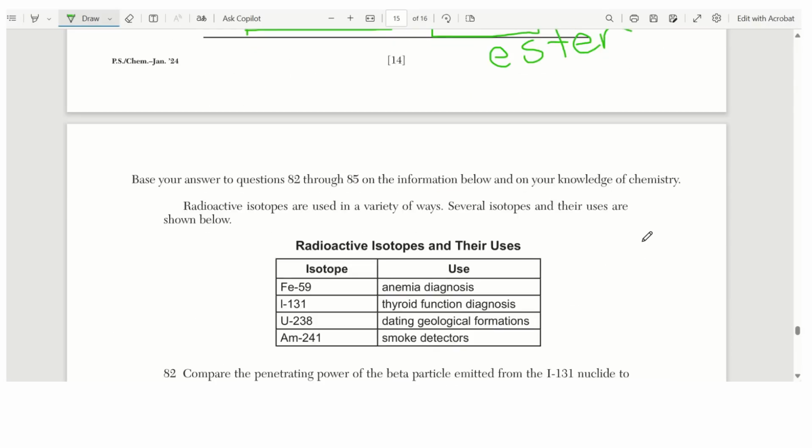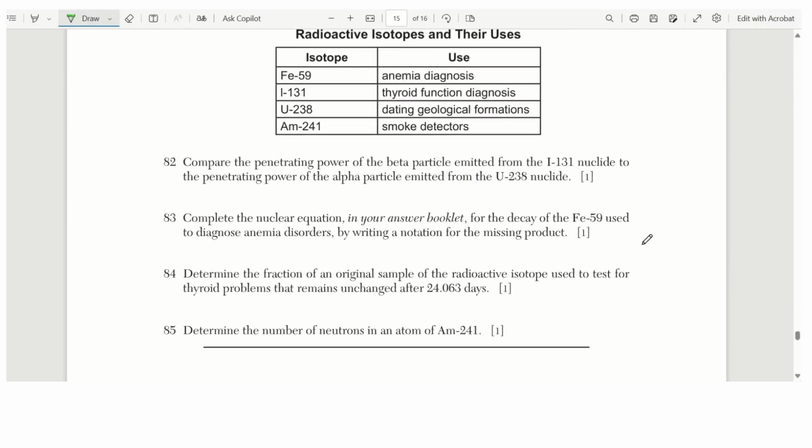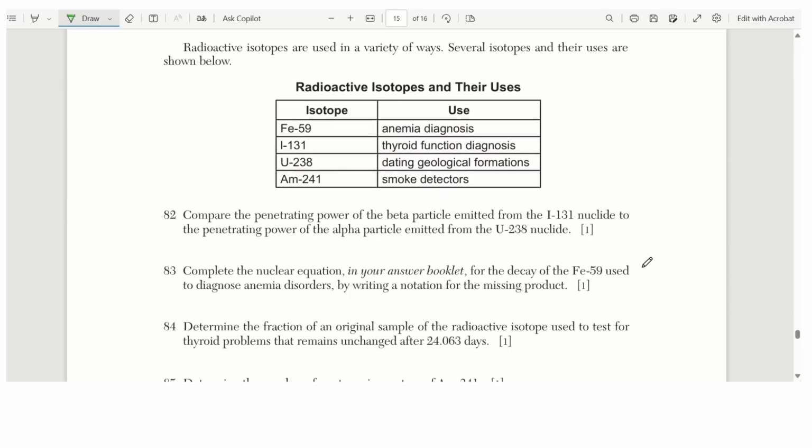Okay. And our last section, 82. Compare, love a compare, right? Compare the penetrating power of the beta particle emitted from the iodine 131 nuclide to the penetrating power of the alpha particle.